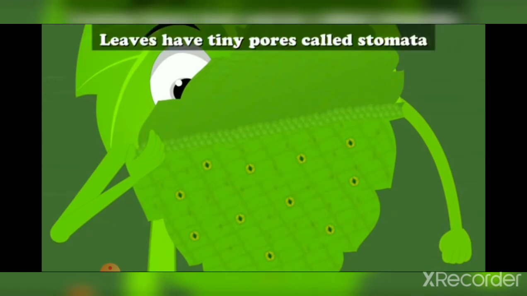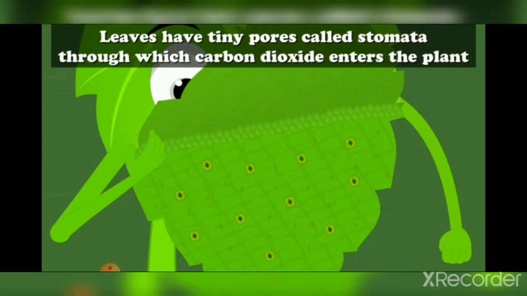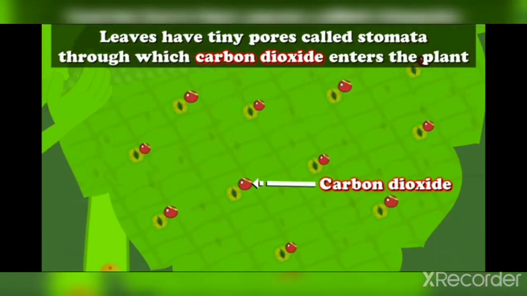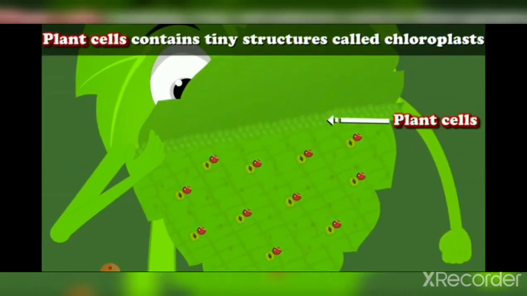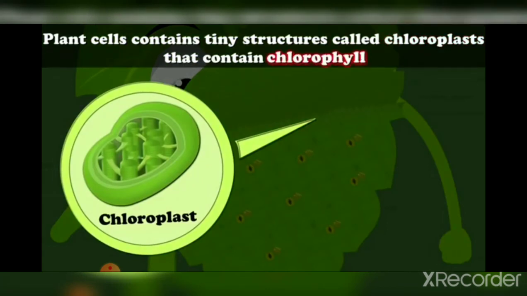These pores are on the leaf, from which the plant breathes. Like we all breathe through our nose, like that the plant breathes through those pores. This is all for your knowledge.